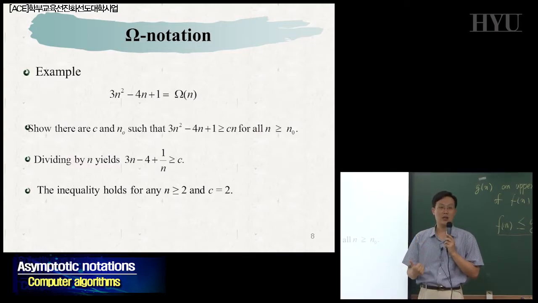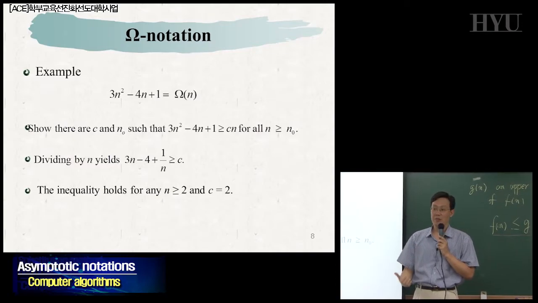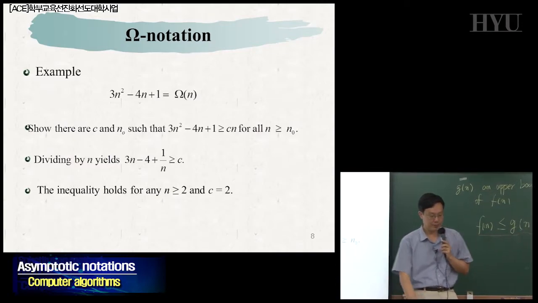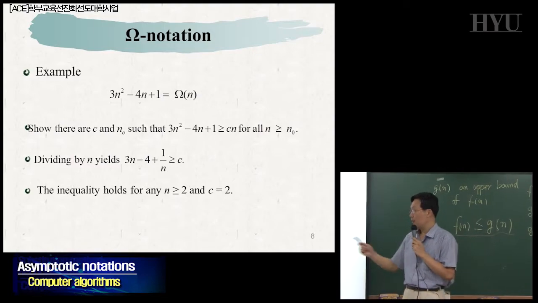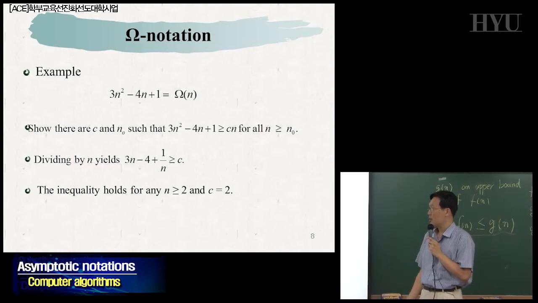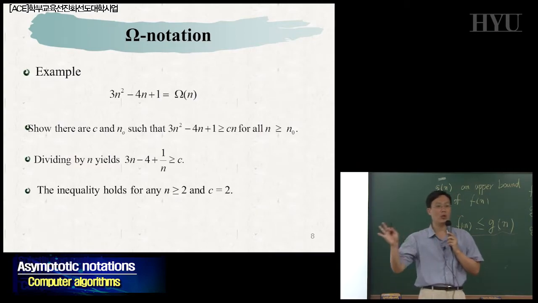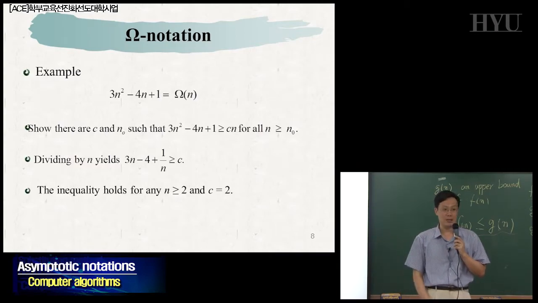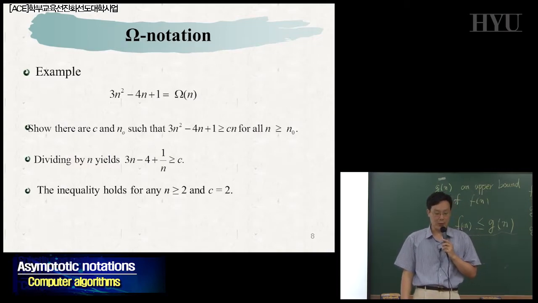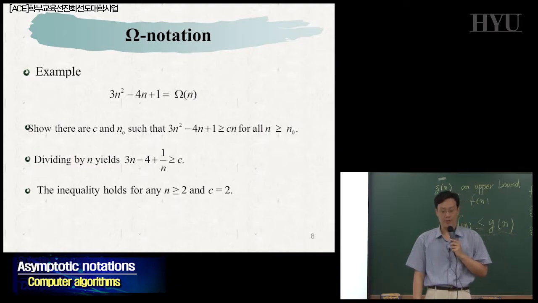Then try to find c and n0. The first thing to do here is divide all terms by n. Then we get 3n minus 4 plus 1 over n.